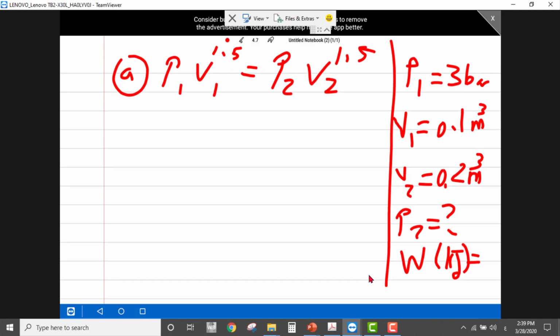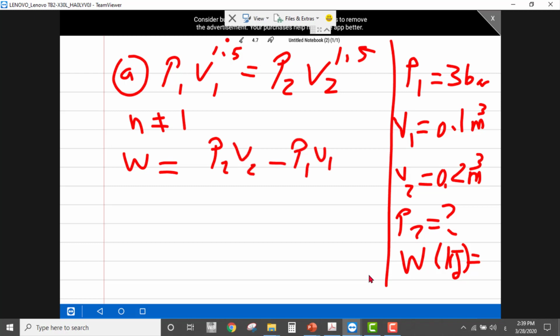Okay, so if we have a polytropic process, n does not equal to 1, then for work, here in this question he did not ask us to do the derivation. So we'll write the final result. The final result, if you remember, is P2 V2 minus P1 V1 divided by 1 minus n.